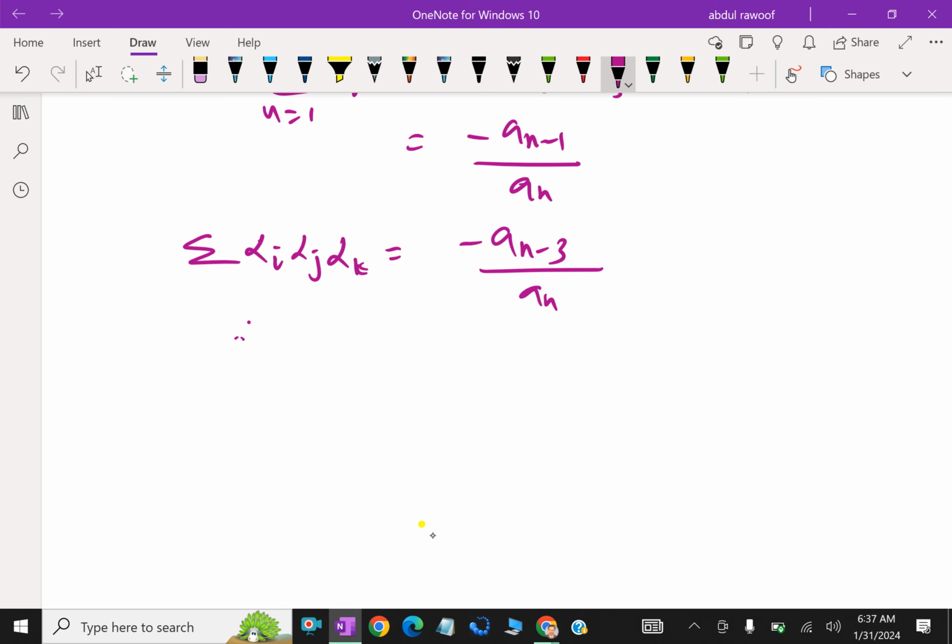For example, alpha 1 into alpha 2 into alpha 3, that is the product of the roots up to alpha n, which is equal to minus 1 power n a_0 over a_n.